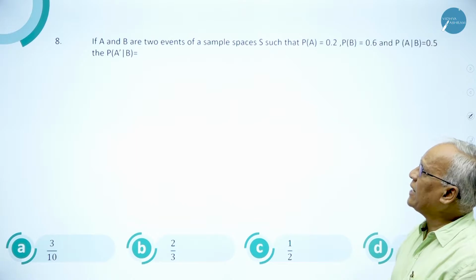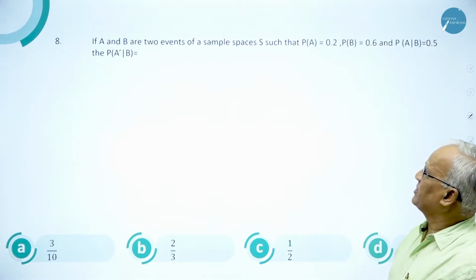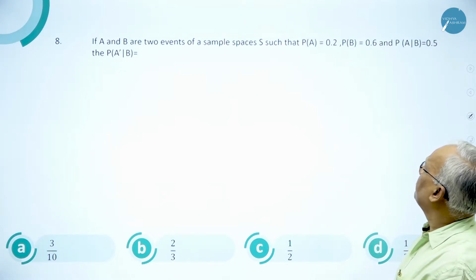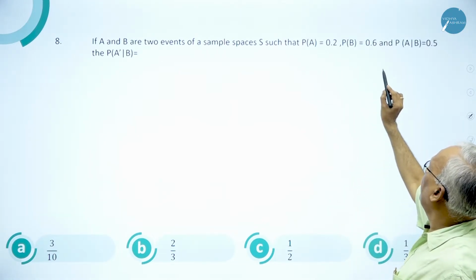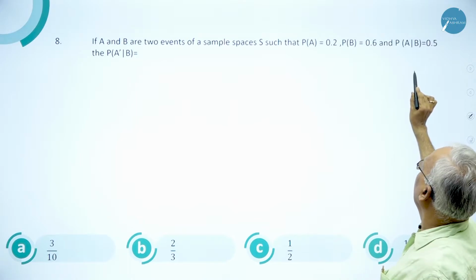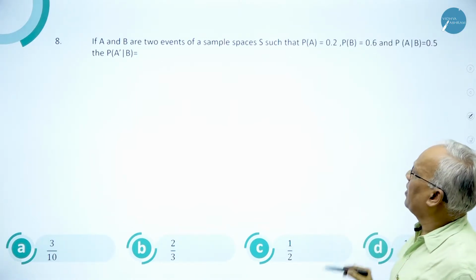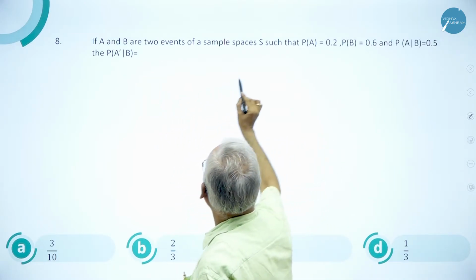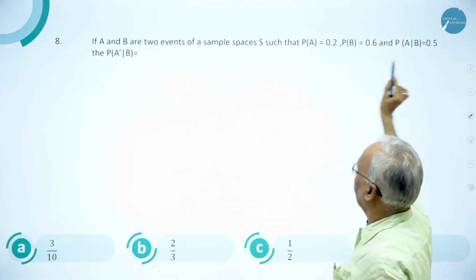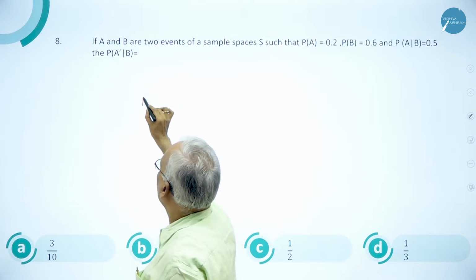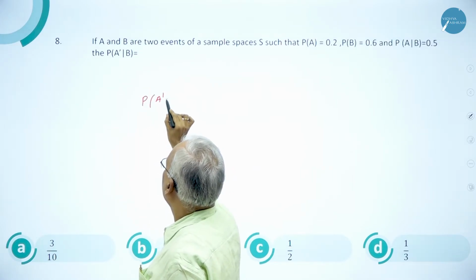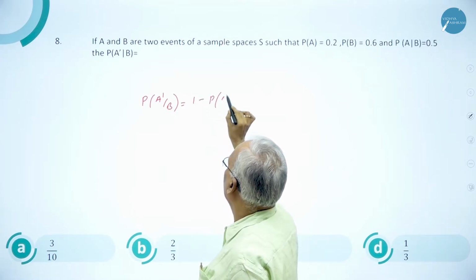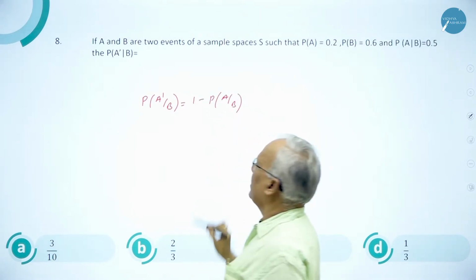Now A and B are two events of a sample space such that probability of A is 0.2, probability of B is 0.6, and the probability of A given B is 0.5. Then what is probability of A dash given B? So all these are unnecessary in this problem. You know that probability of A dash given B is equal to 1 minus probability of A given B. This idea is sufficient.